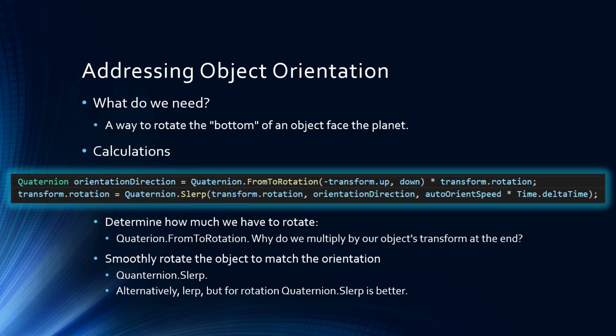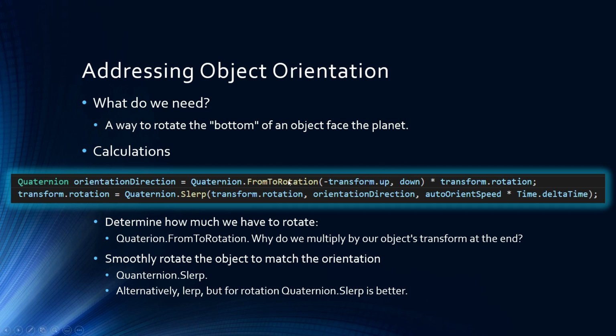So what this means is, how do I rotate myself from my down value to the down value to the planet? And it might return, oh, you have to turn 15 degrees on the x-axis, or 15 degrees on the z-axis, or maybe even 15 degrees on the y-axis, or a combination of those things.